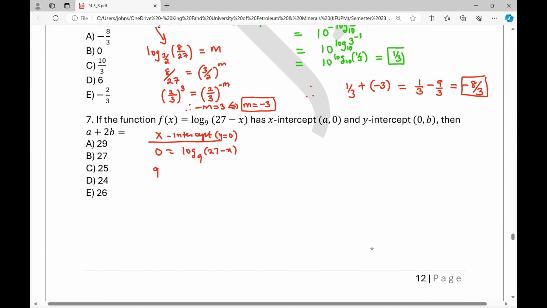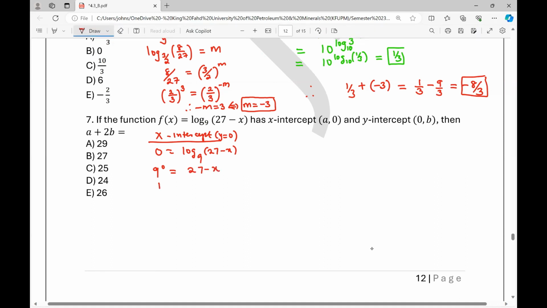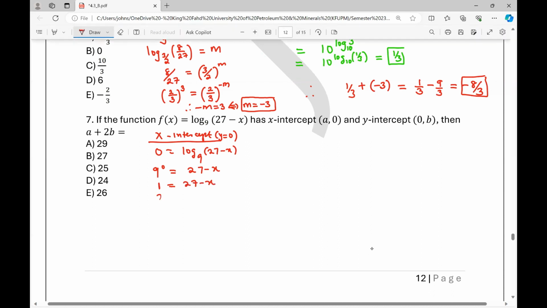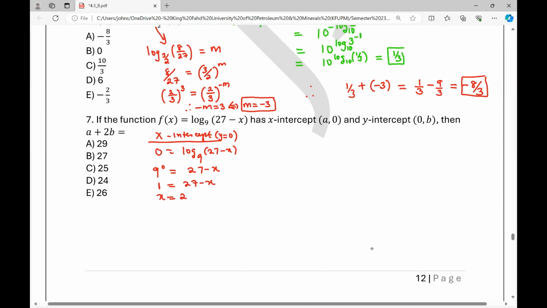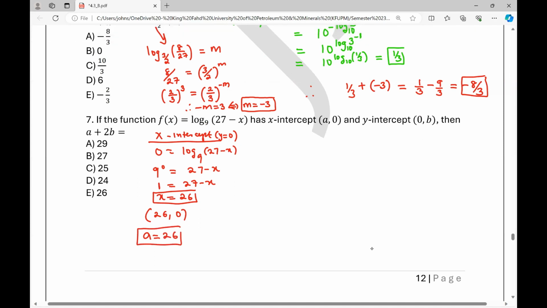And this means 9 to power 0 is just going to be 27 minus x. So 1 is equals to 27 minus x. So this will give us x is what? 26. So it means x-intercept is nothing but 26 and 0. So we can pick it from here that a is equals to 26.